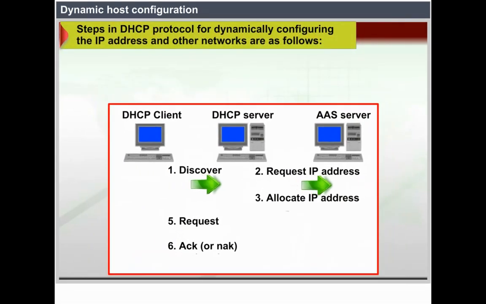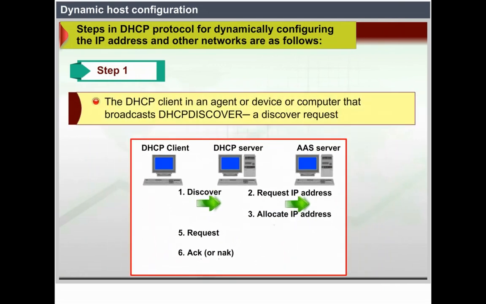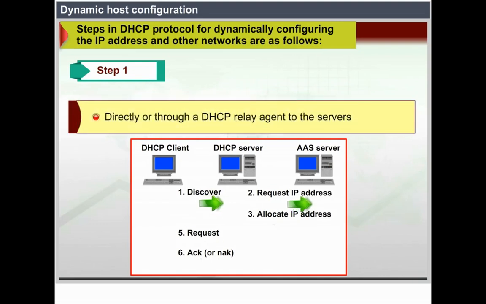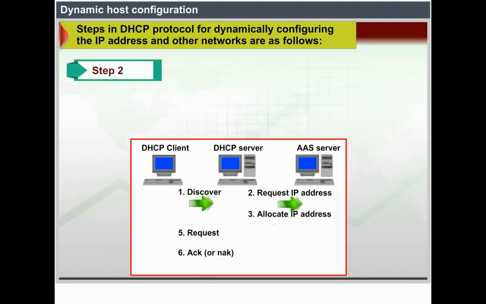Steps in the DHCP protocol for dynamically configuring the IP address and other network parameters are as follows. Step 1. The DHCP client, an agent or device or computer, broadcasts a DHCP discover request, directly or through a DHCP relay agent, to the servers. Step 2.